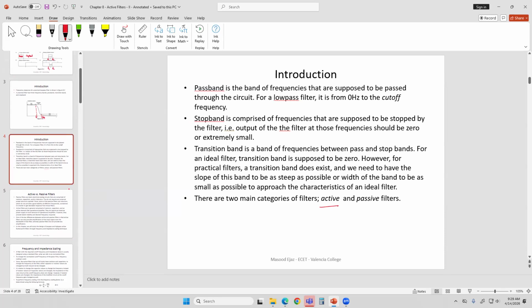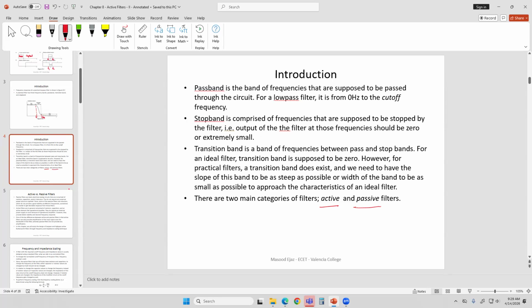Two categories of analog filters. One is active, which we are discussing, and one is passive, which you discussed in circuit analysis. From the name, you can see active filters are the ones that employ active components. Active components are the components that require some external power supply to be excited. For example, operational amplifier. You need a biasing voltage for the operational amplifier to work.